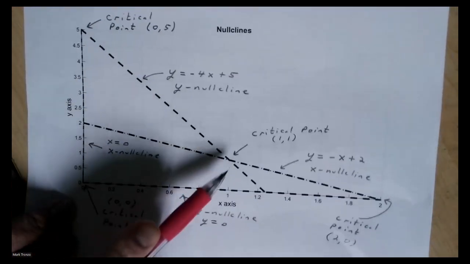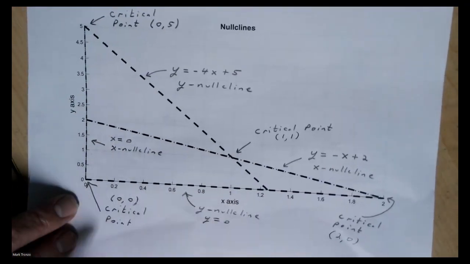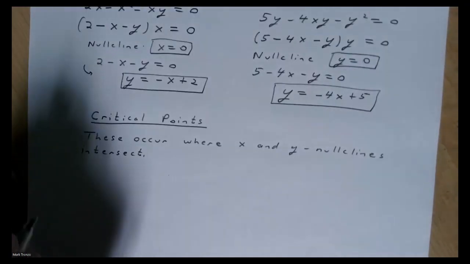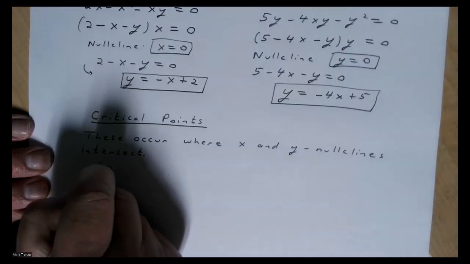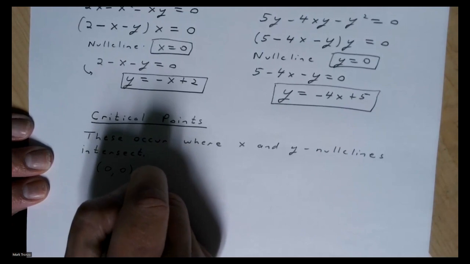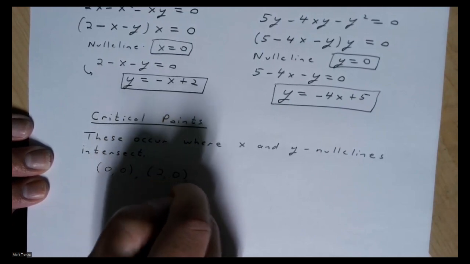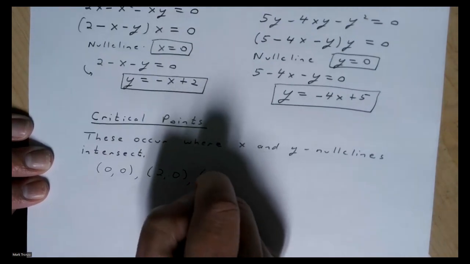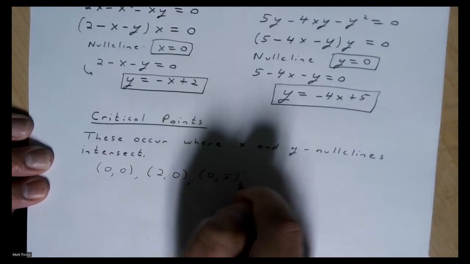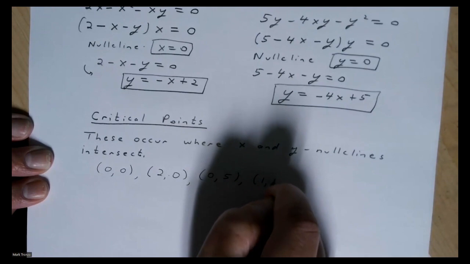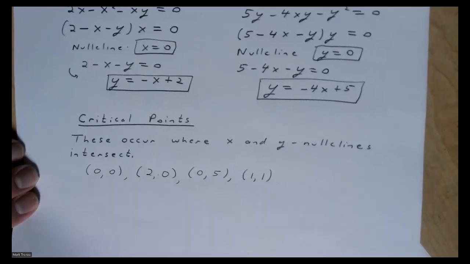So these are our 4 critical points. Let me just write those down: 0, 0; 2, 0; 0, 5; and 1, 1.